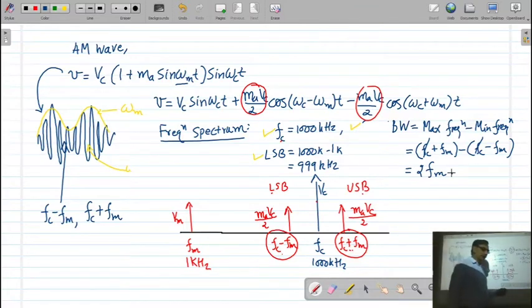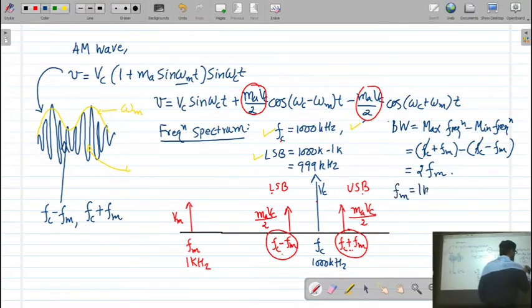So here the bandwidth depends on the modulating frequency. If we are transmitting a frequency of 1 kilohertz, bandwidth will be 2 kilohertz. If you are transmitting 5 kilohertz, then the bandwidth will be 10 kilohertz.